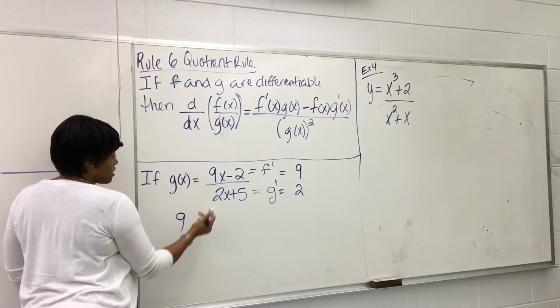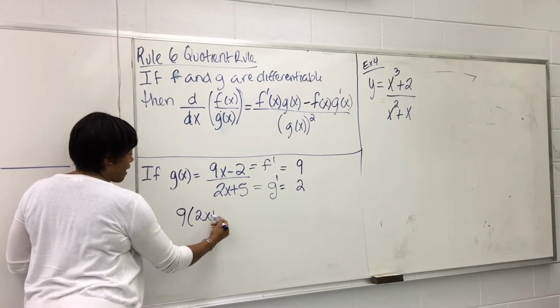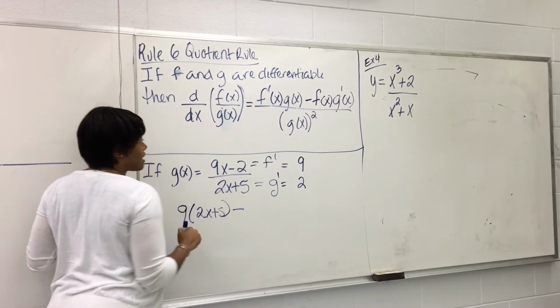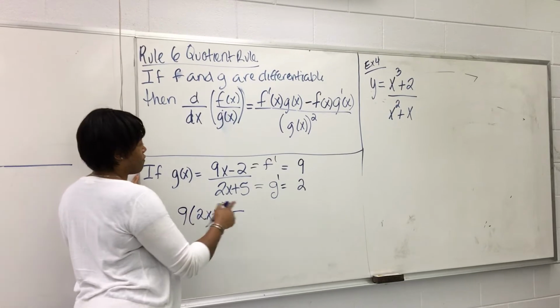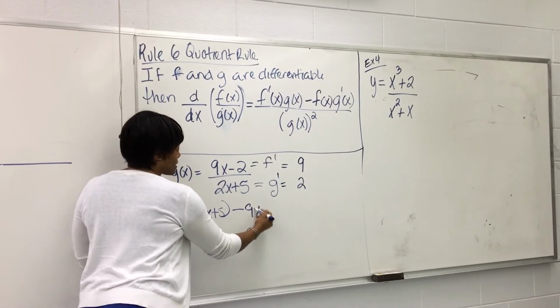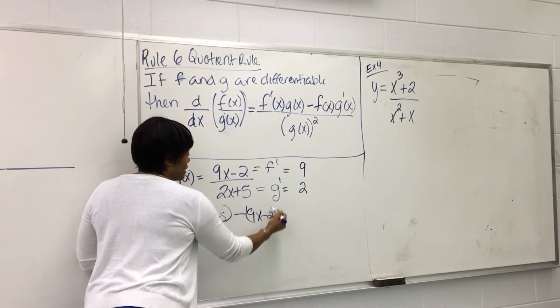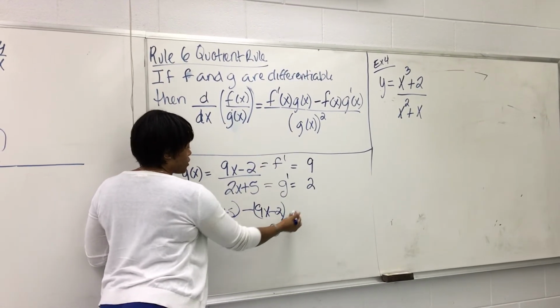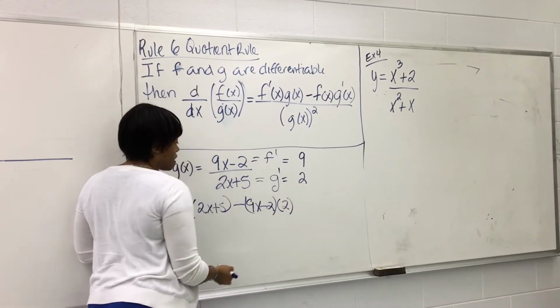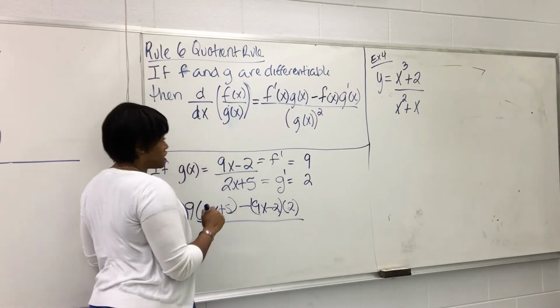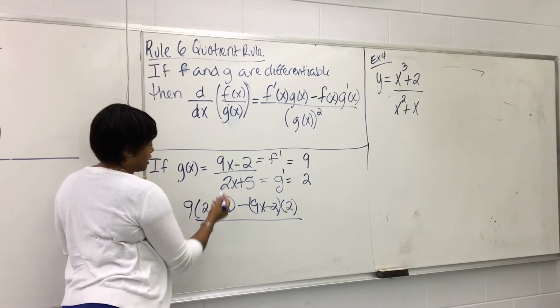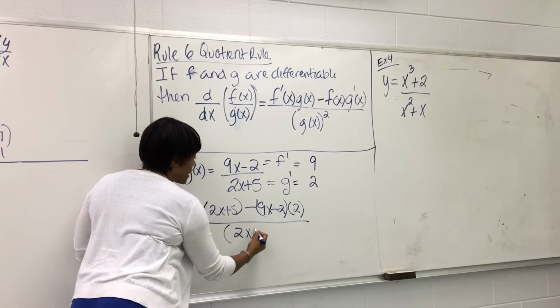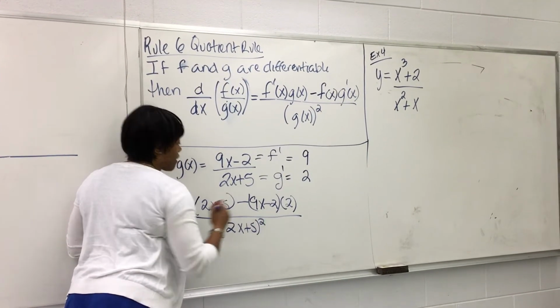My g is 2x plus 5, minus f of x. What is my f of x? The whole 9x minus 2, times my derivative of g, which is 2, all over g squared. So what is g? That'll be all over 2x plus 5 squared.